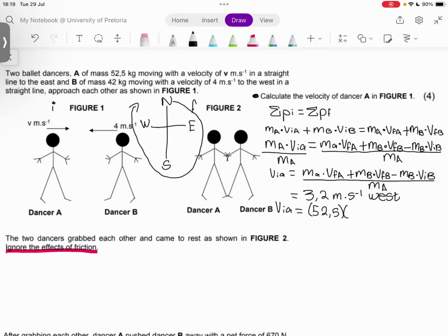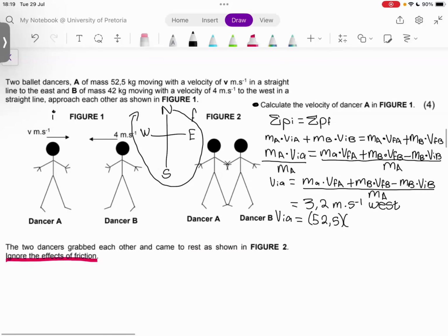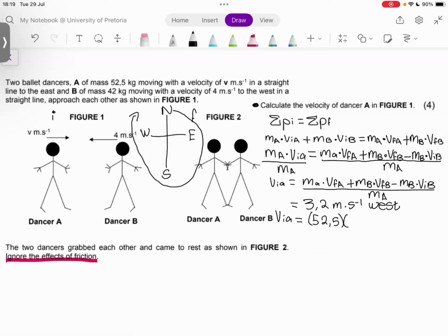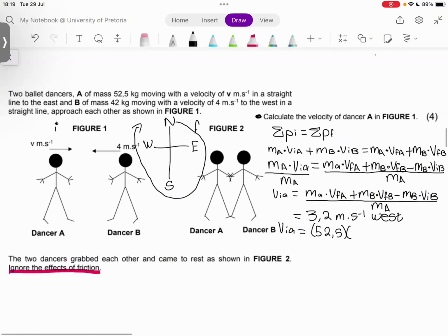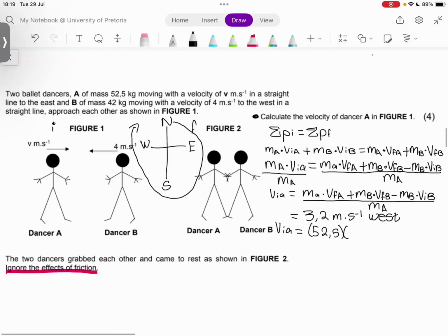That's then multiplied with VFA, which is that. Cool. So let me substitute in all the stuff here, and we will continue on. Since it says that they came to rest, the final velocity of both A and B are 0.